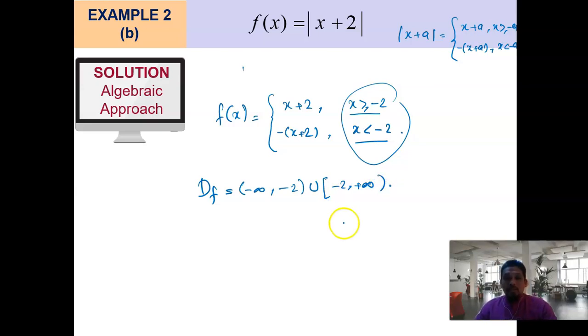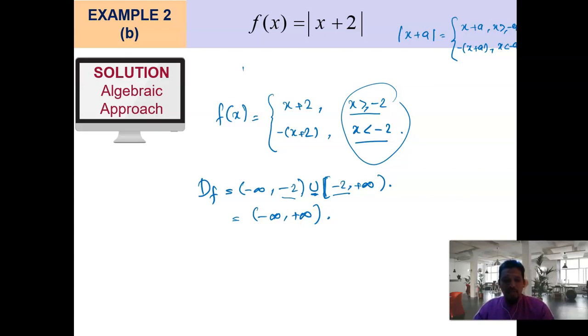Look at this point, at negative 2: one is just less than, another one is greater than or equal, including negative 2. For the union here, we just assume that it also includes negative 2.